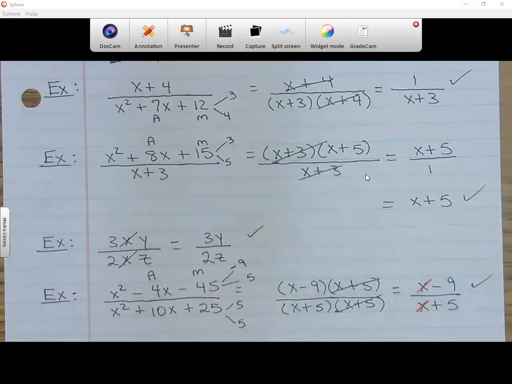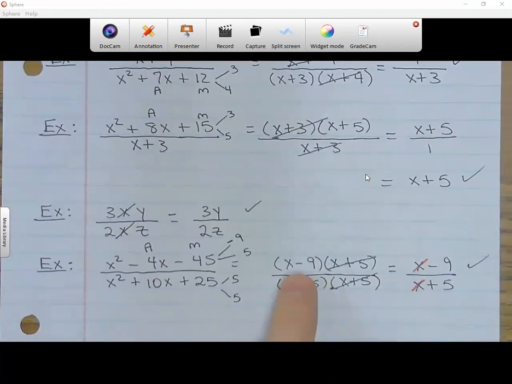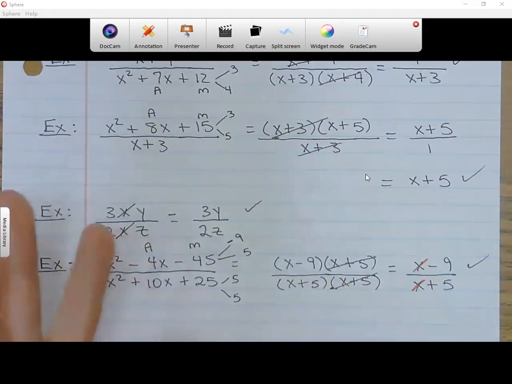You can only cancel them out if they're connected by multiplication. And that's what I have over here, right? So look at where my finger is pointing. How is this x minus 9 connected to this x plus 5? It's connected by multiplication. That's what the parentheses tell me, right? And look at the bottom. How is this x plus 5 connected to this x plus 5? By multiplication.